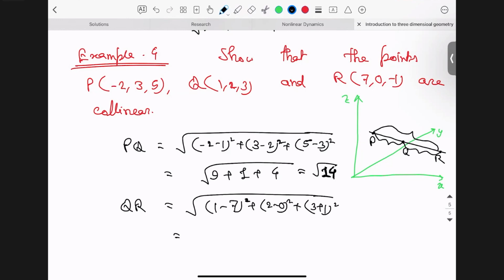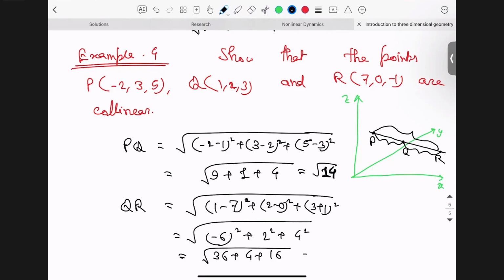So ultimately we get minus 6 square, 2 square, 4 square: 36, 4, 1. So ultimately it gives us the square root of 56, which in general we can say is the square root of 40.